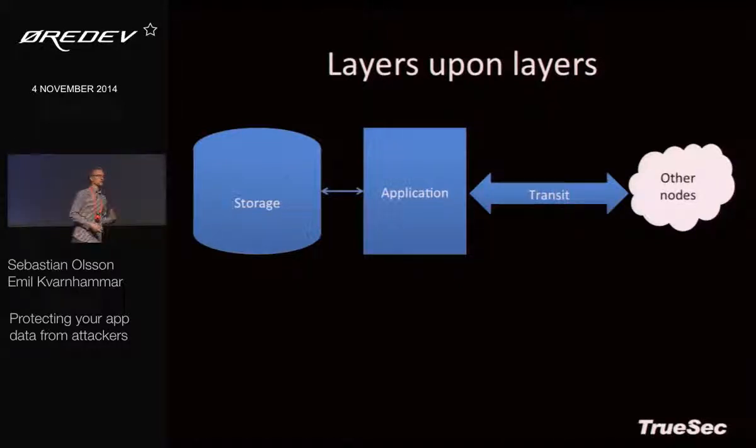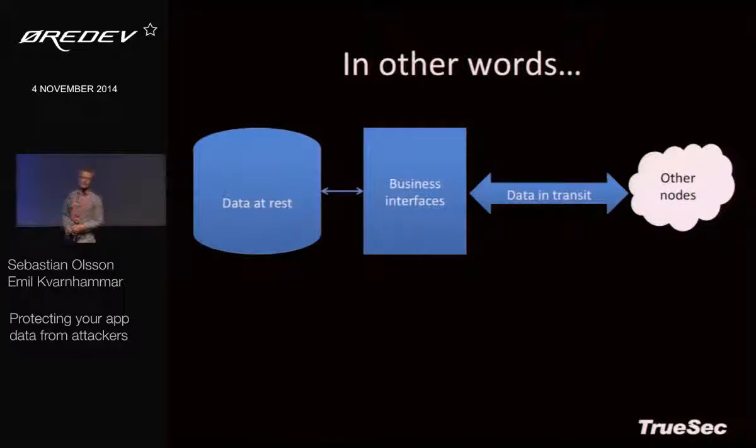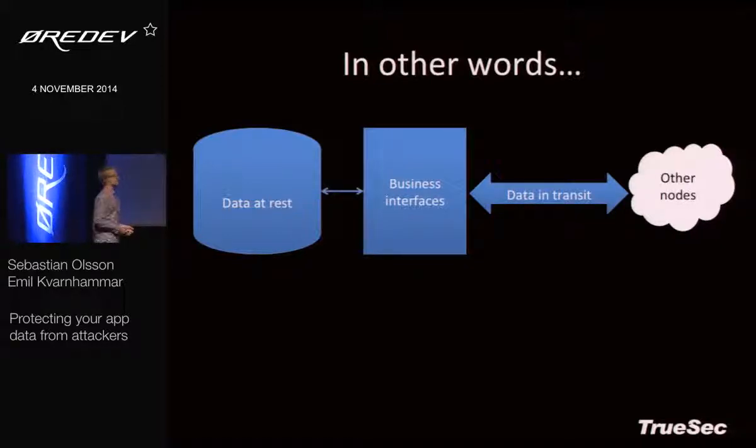All of these layers need to handle security. If one goes down, that might mean that everything fails. So in other words, that's data at rest, data in transit, and business interfaces processing data.